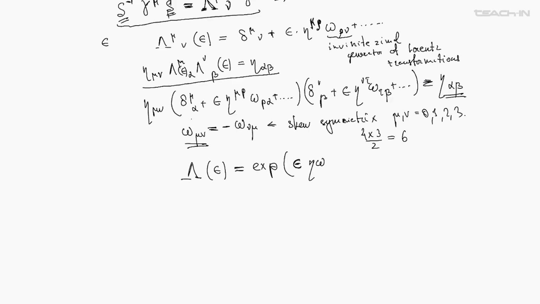So this exponential will give me a one-parametric subgroup of the Lorentz group, where the parameter of this subgroup is exactly this ε.